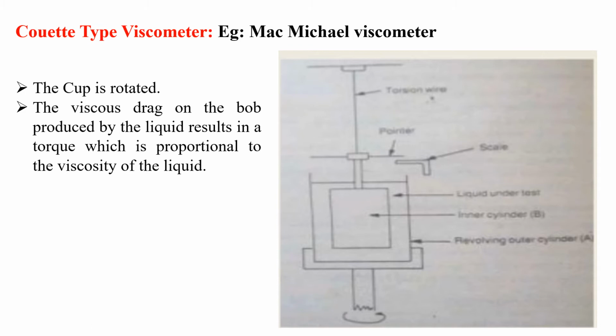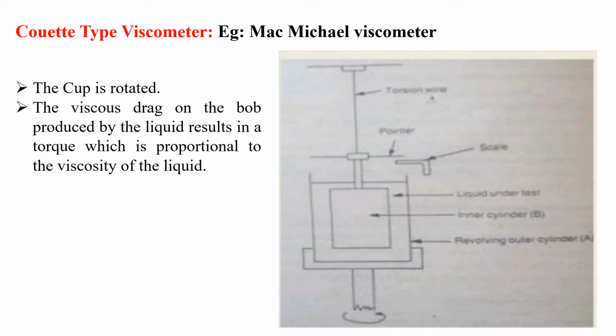You can see a revolving outer cylinder which is fixed to a motor, and inside that we see a cylinder which acts like a bob that is attached to a torsion wire. The sample is placed between the bob and the cup, between the inner cylinder and the revolving outer cylinder.